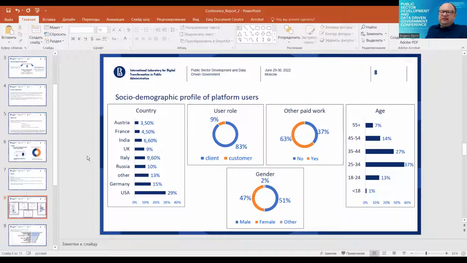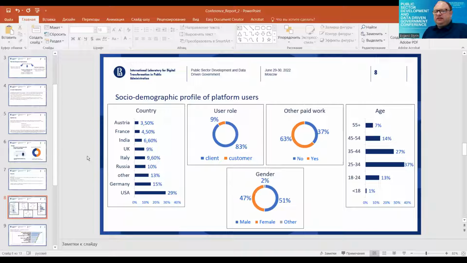You can find Indians on American platforms, and Americans on European platforms, and so on. Mostly, clients were those who were trying to implement the jobs, and customers are those who provide the jobs.